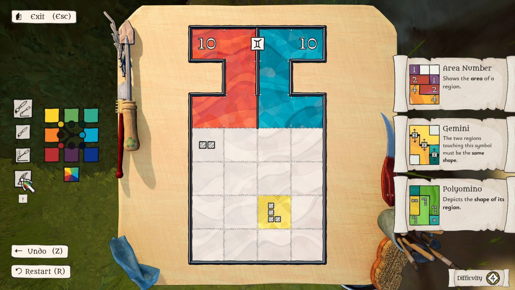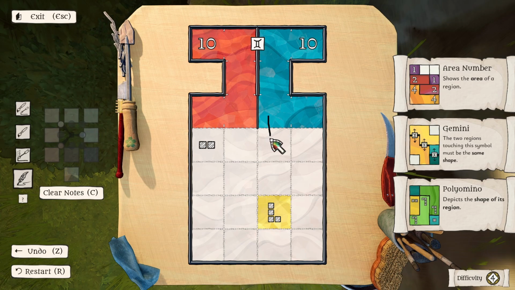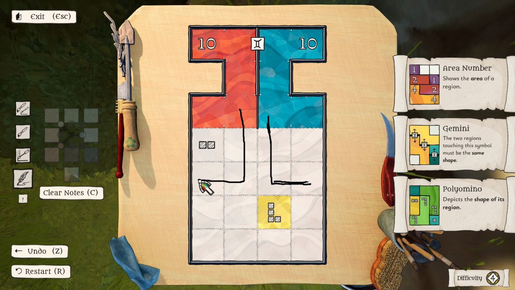Five, 6, 7, 8, 9. Well, it can't take that. So if this takes all of that, no, that doesn't work either.